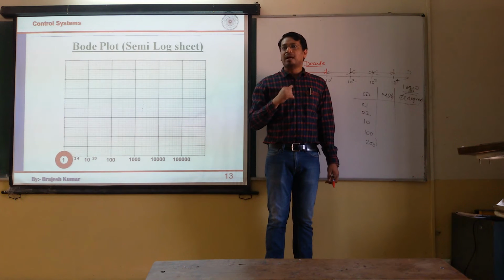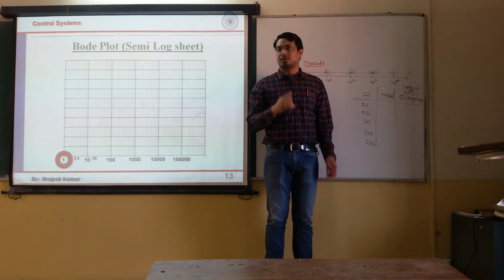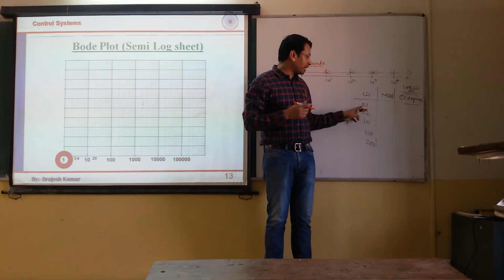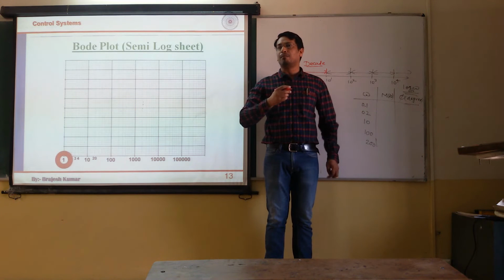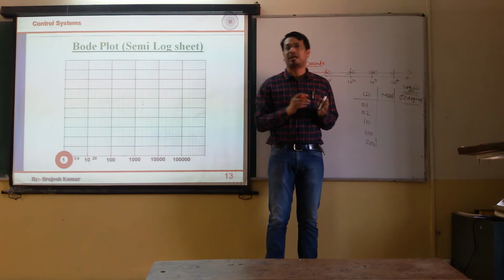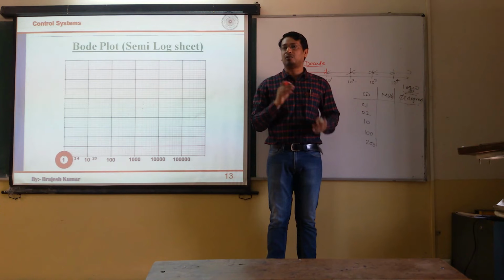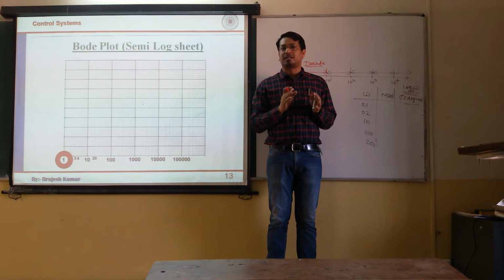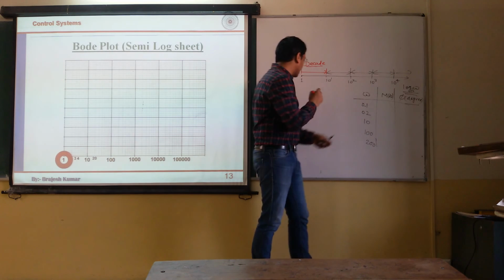Now, when you are interested in a Bode plot of a particular system, you have to define these axes. If you take 0.1 as the minimum point in which you are interested, and you are satisfied that this 0.1 is going to cover all of the poles and zeros of the transfer function, then you will take this point as 0.1.